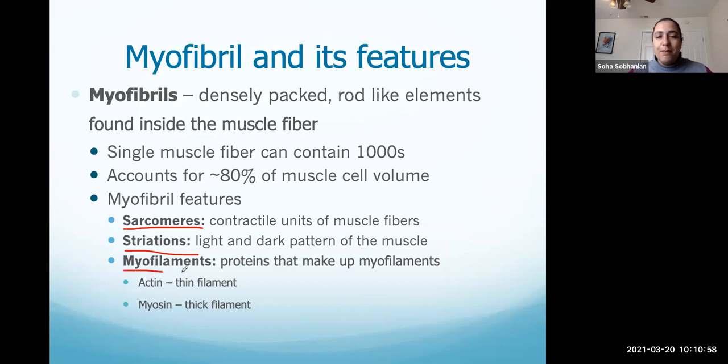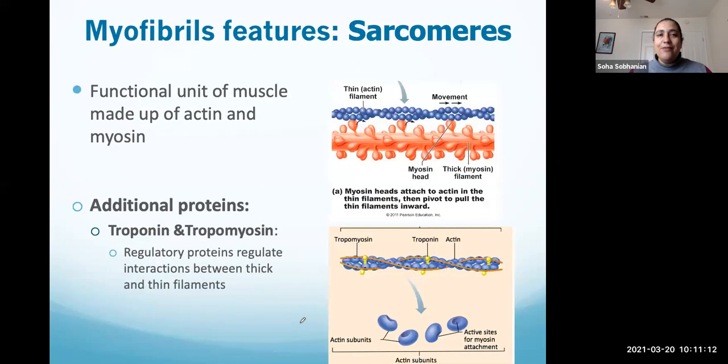They're made up of myofilaments, which are basically proteins called actin and myosin. Actin is also known as thin filaments, and myosin is known as thick filaments. And if your brain hasn't blown yet, you're like, what the heck is she talking about? So let's slow down and bring everything into perspective.